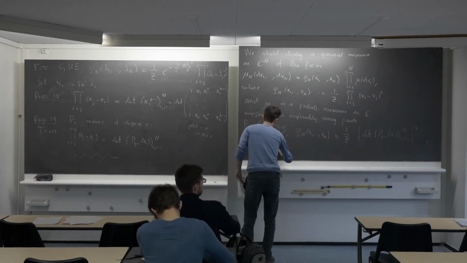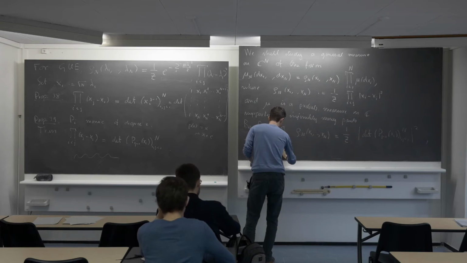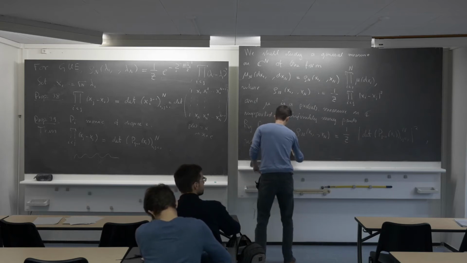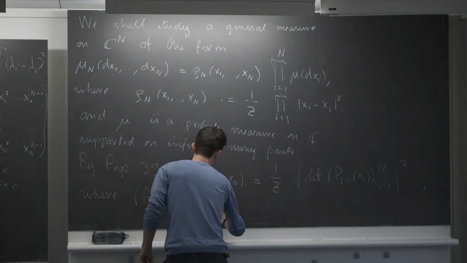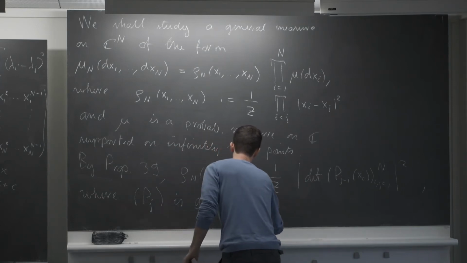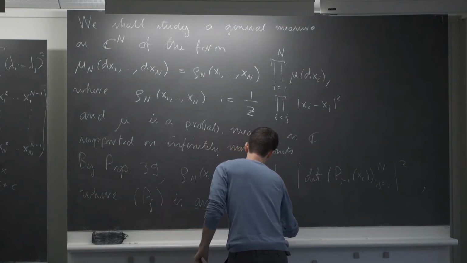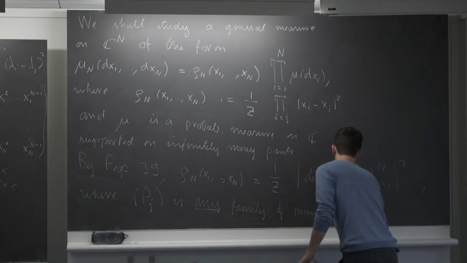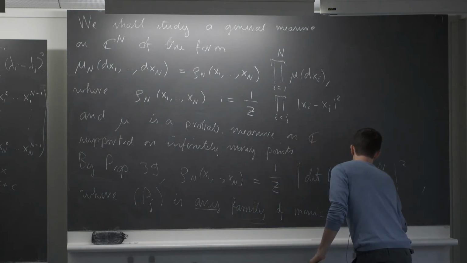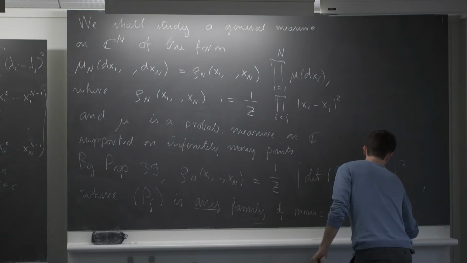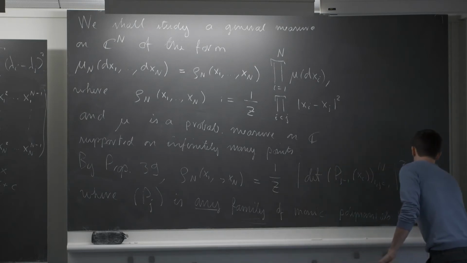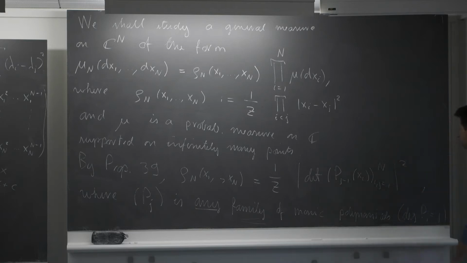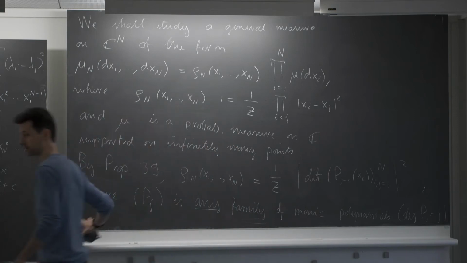So where Pj is any monic polynomial. Of course, I always want the degree of Pj to be equal to j.